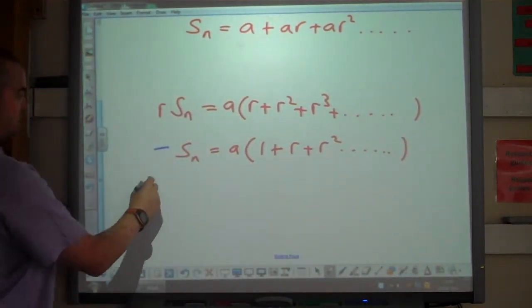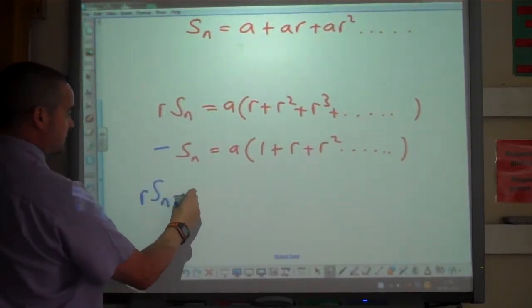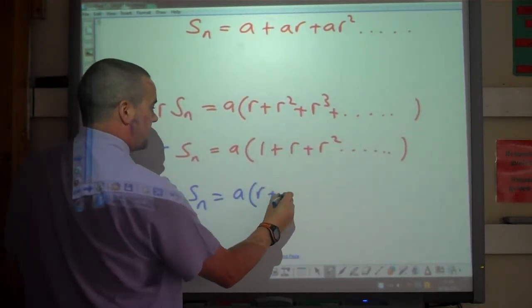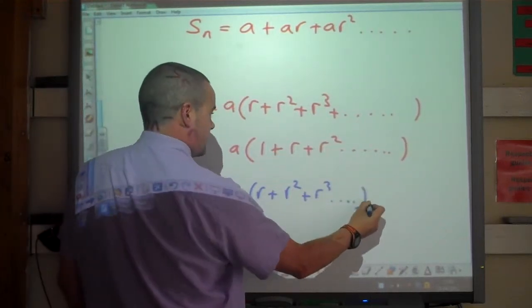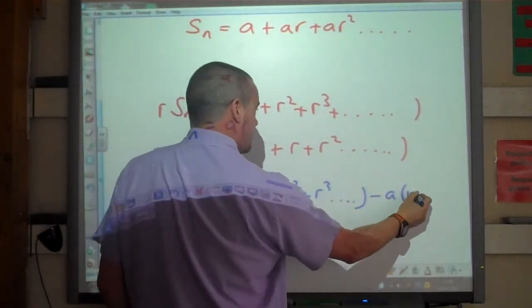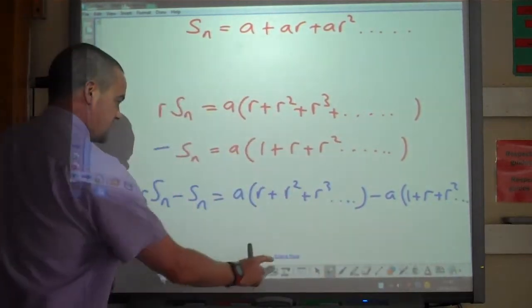That gives me R Sn take away Sn is equal to A times R plus R squared plus R cubed, etc., minus A times 1 plus R squared, etc.